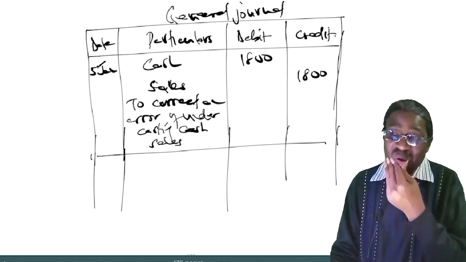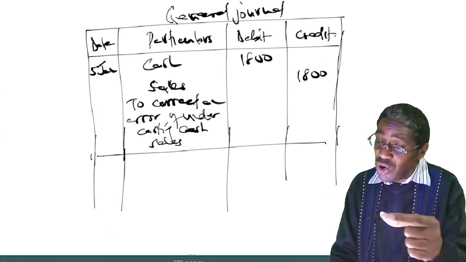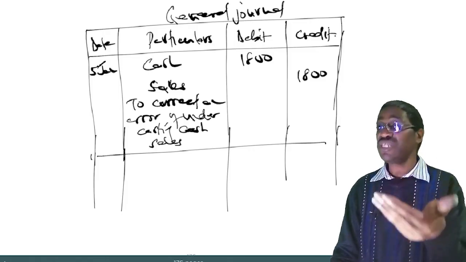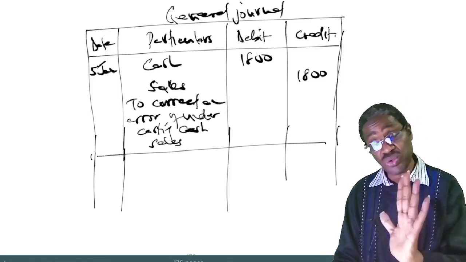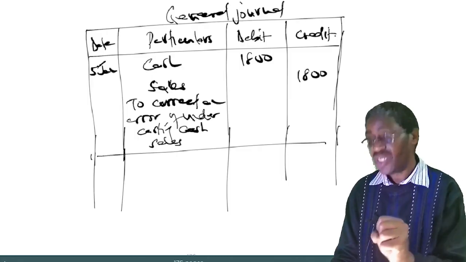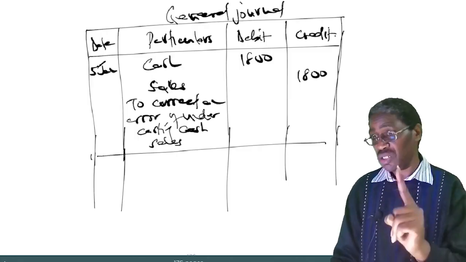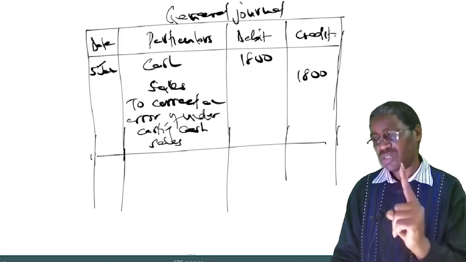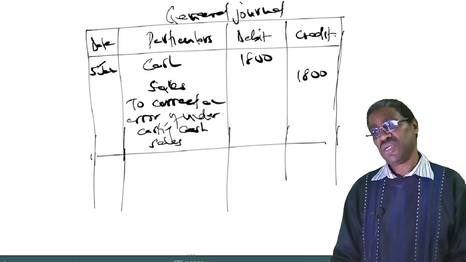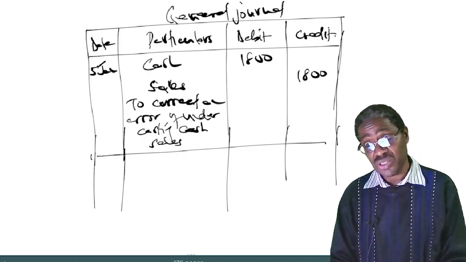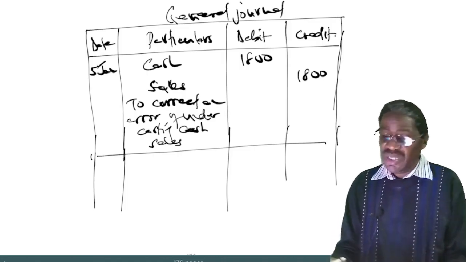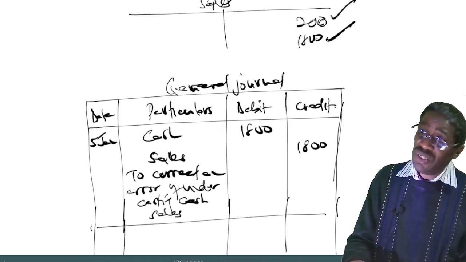I told you, if you are buying a motor vehicle on credit, can you record it in the purchases journal? No, it's not a good. Can you record it in the cash book? No, it is not a cash transaction. So where do I record it first? I record it in the general journal.